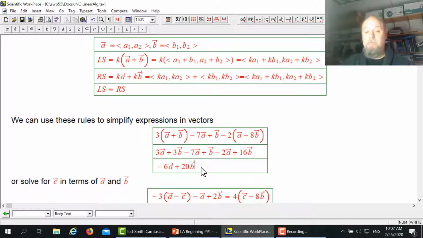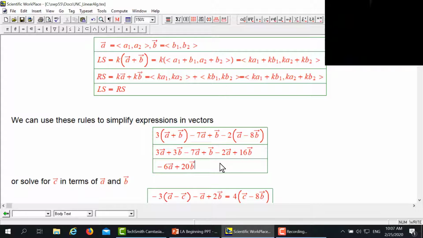Let's check that again. That should be 3b's, 4b's, 16b's. I'm good on the b's. 3b, that's minus 7, that's minus 4, minus another 2, minus 16, yes. So this was a complicated expression simplified down into a linear combination of vector a and vector b.